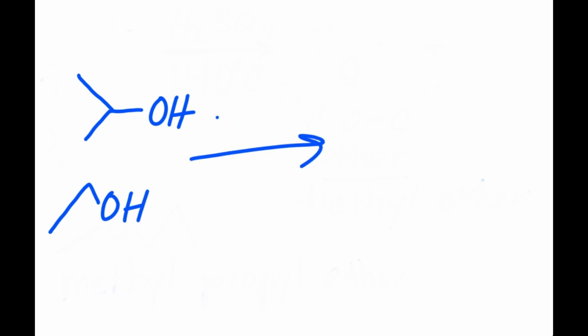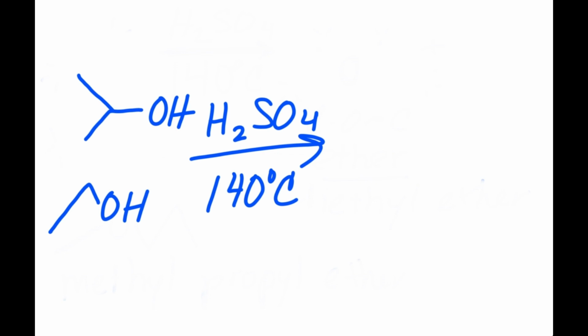Let's do one more example real quick of this. How about an isopropyl and we'll just do another ethanol too. On top of your reaction arrow, H2SO4. Below it, 140 degrees Celsius.